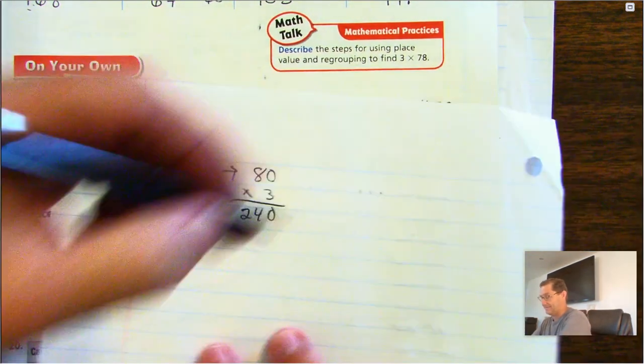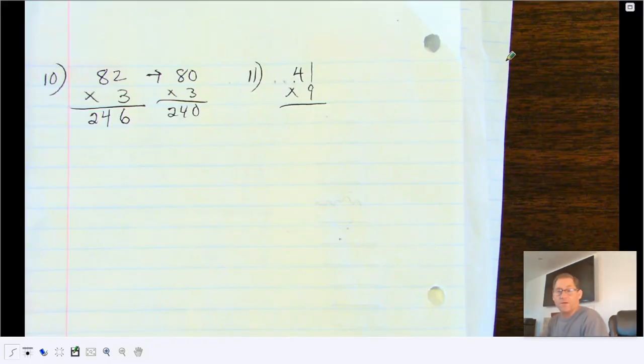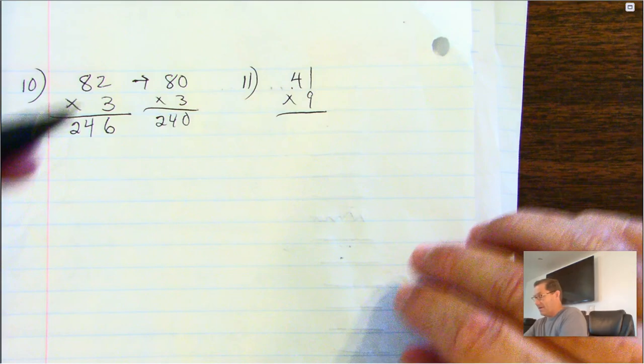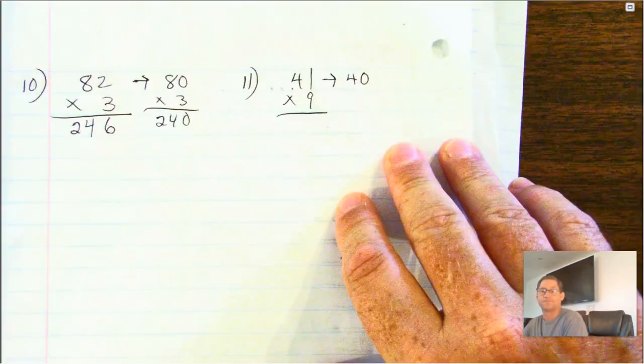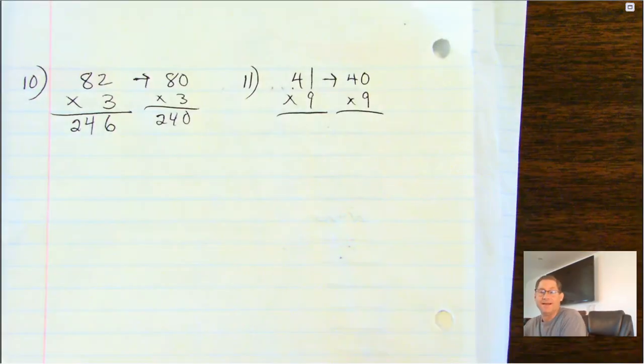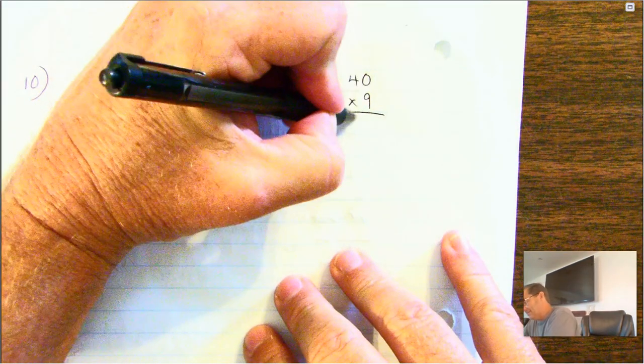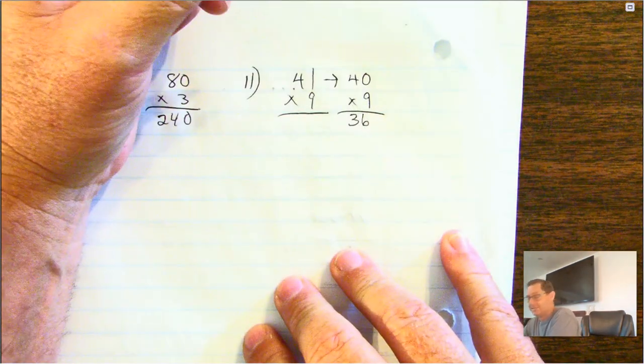Number 11. All right, continue with number 11. 41 rounded down to 40. And we're going to still multiply by 9. So 9 sets of 4 tens. 9 times 4 is 36.